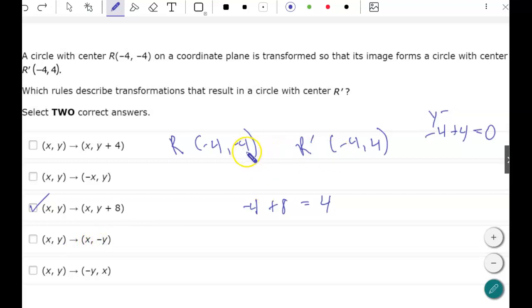Yep, that one works because look, -4, 4. That's the same. And this one, so this is our original one. So if it was this, the opposite of y would put this as 4, and then this would be -4. And that's not what the answer is. So it's just those two that are checked.